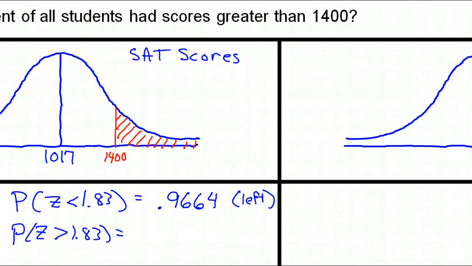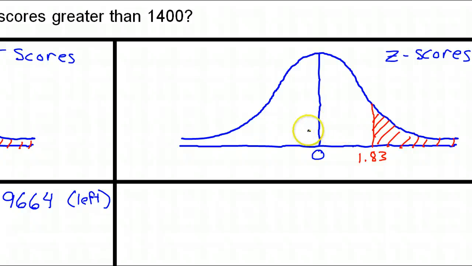okay, so far we've got the below part, this whole white area. In other words, percentages are easy to understand. See this 0.966? You understand that this is 96.64%, right?